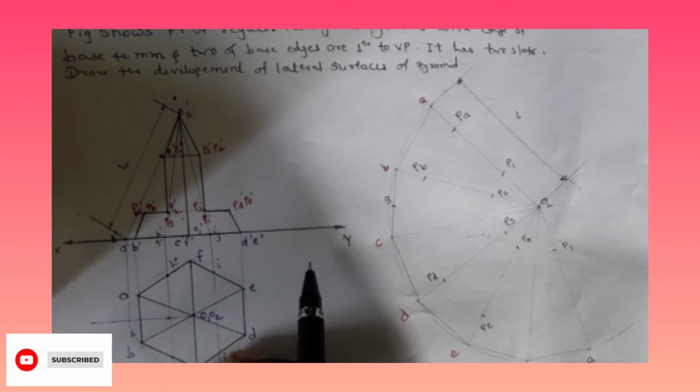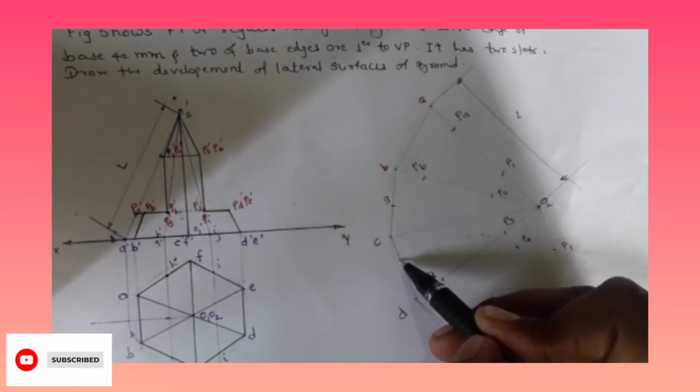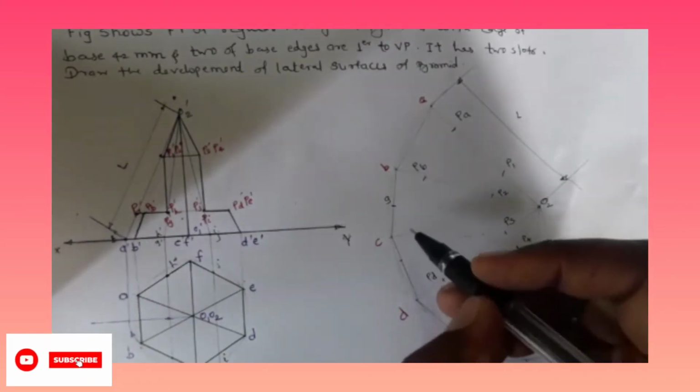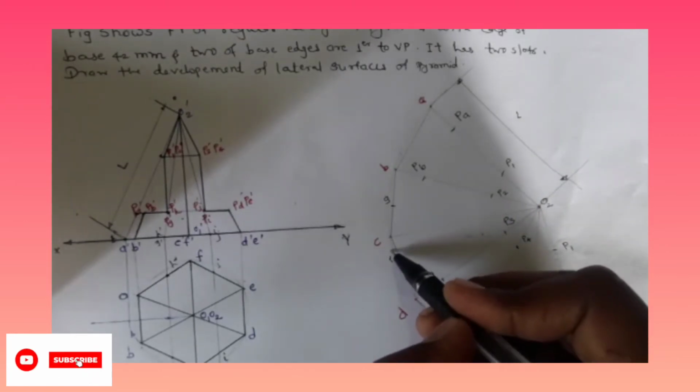We are getting it on the CD. From this point C we have to take this much distance in your compass, and from the point C you have to mark here, so we'll get it somewhere here. Then this is the point I.